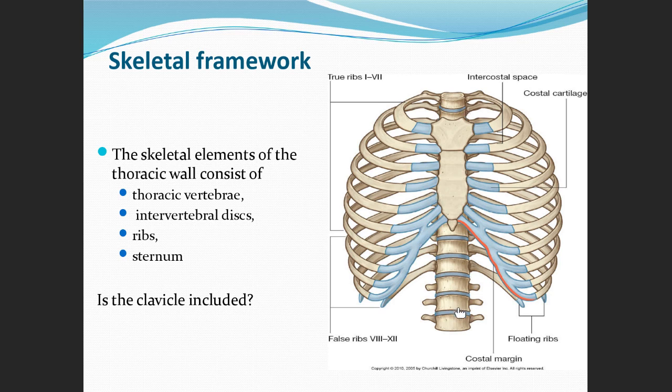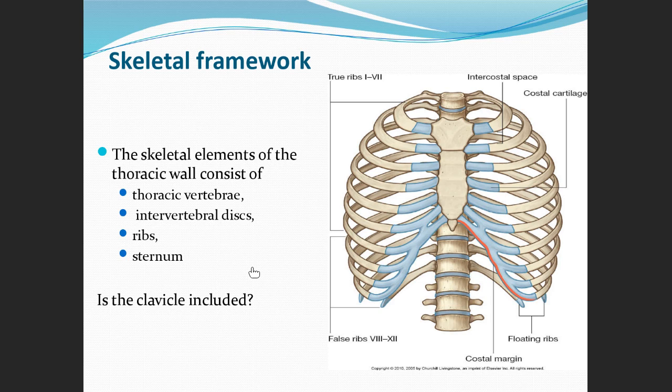Okay, do you see the clavicle on here, folks? The clavicle is not included in the skeletal framework of the thoracic wall. The clavicle is considered part of the pectoral girdle, which is technically part of the upper limb. So the clavicle is a bone of the upper limb, and that's why when we taught about the upper limb, we included the clavicle there.